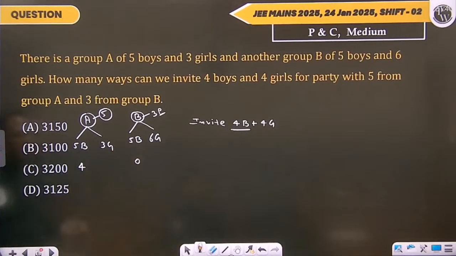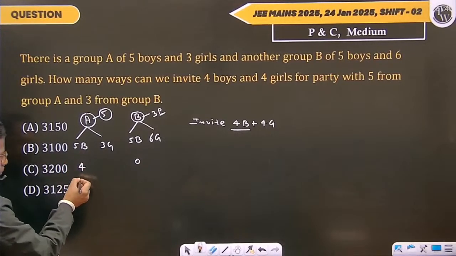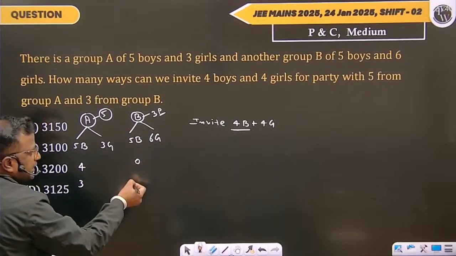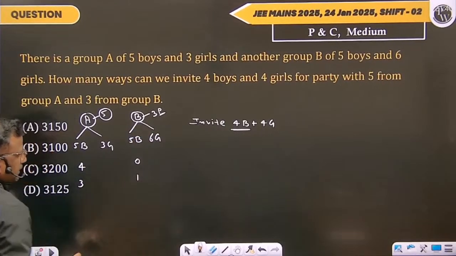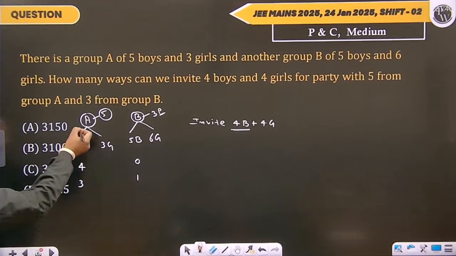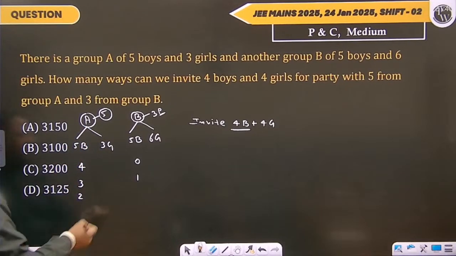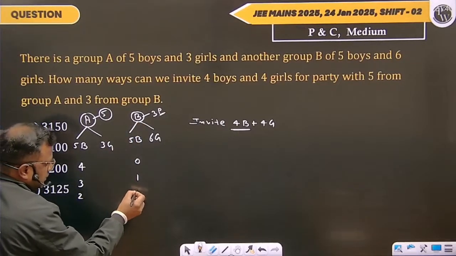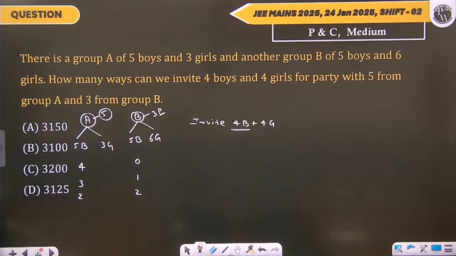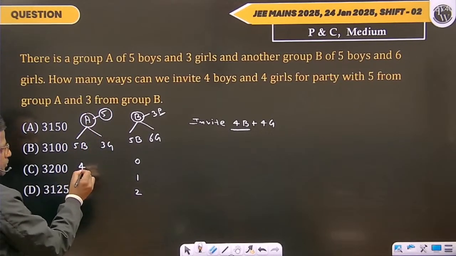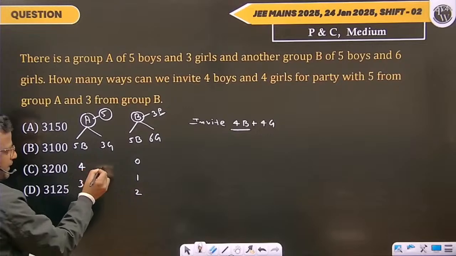Or 3 boys are to be selected from group A, so the remaining 1 boy is selected from group B. Maybe 2 boys are selected from group A, then the remaining boys are to be selected from group B. So a total of 4 boys are to be selected for a party. Now, you have to select a total of 5 persons, so you have to select 1 girl from here.